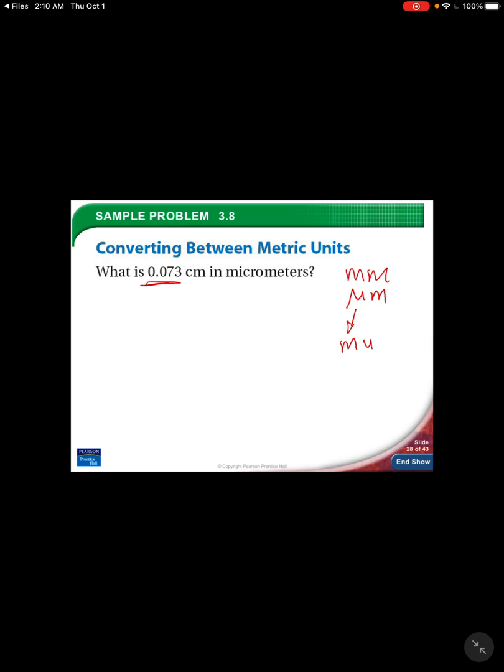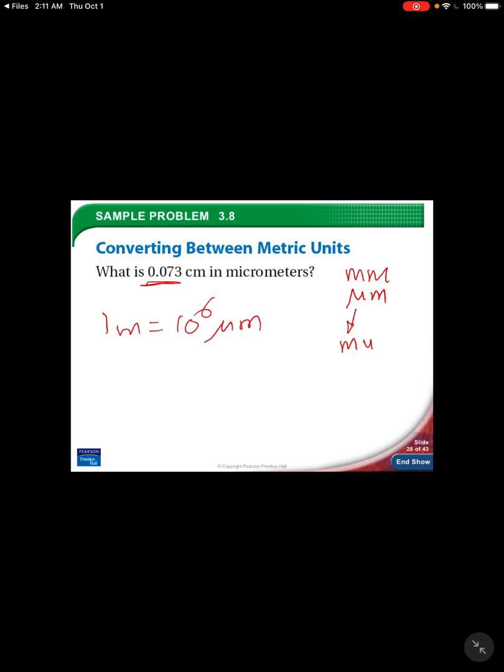We don't entirely know how it was pronounced, but you may have learned of our math fraternity, Mu Alpha Theta, MAT, the beginning of math. So that's the Greek letter mu, and we do know that 1 meter is equal to 10 to the 6, 1 million micrometers.